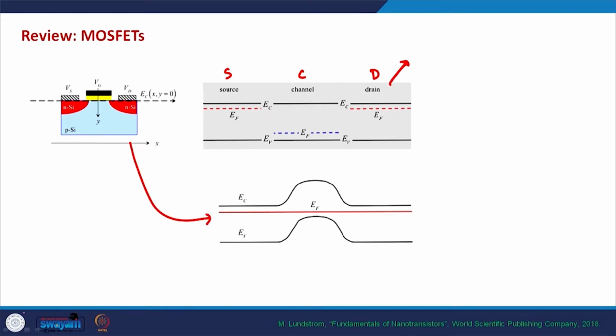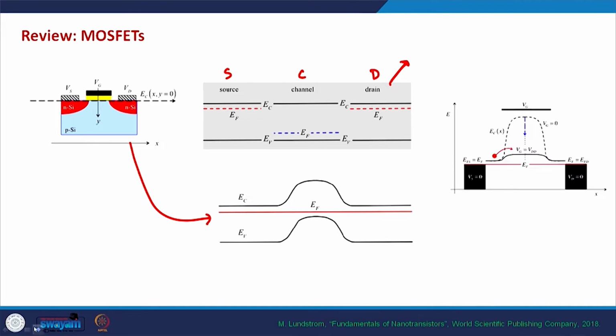We have a gate terminal here, and if we apply a positive voltage on the gate terminal, this barrier height reduces. So the gate voltage can control the barrier height.